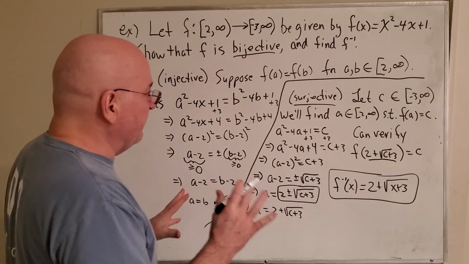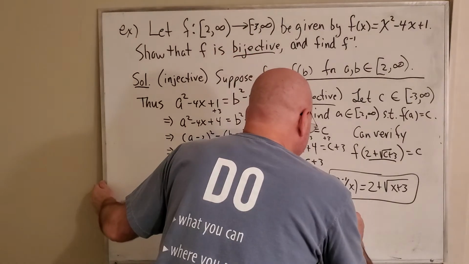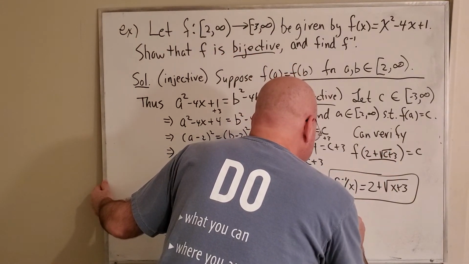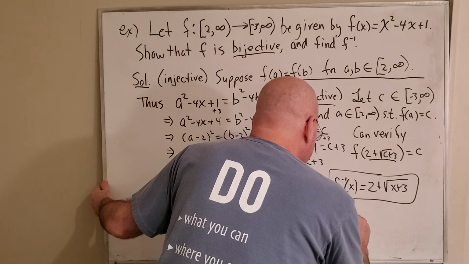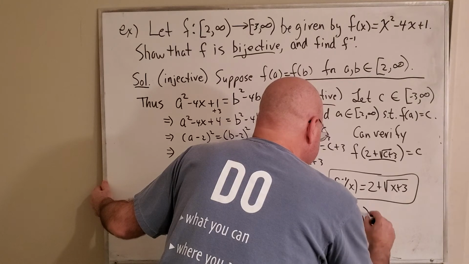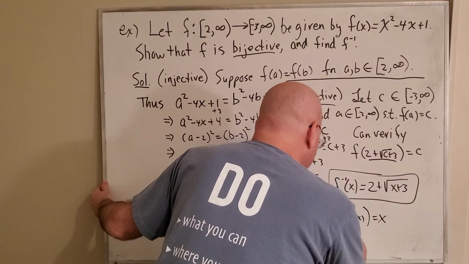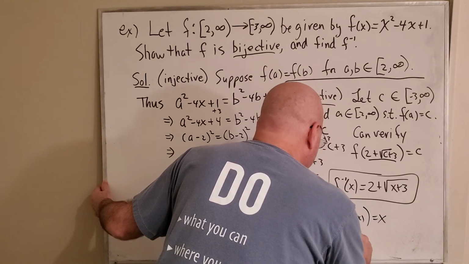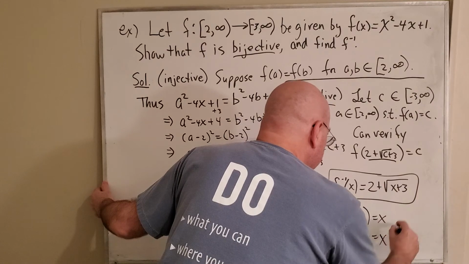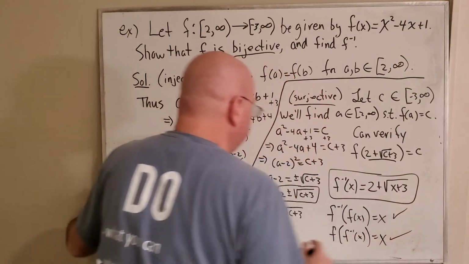And you could verify this, and then also that f inverse of f of x is equal to x, or f of f inverse of x is equal to x. Those would both be true as well.